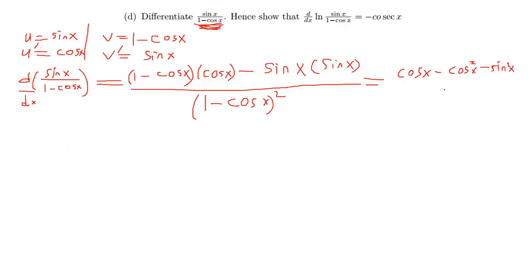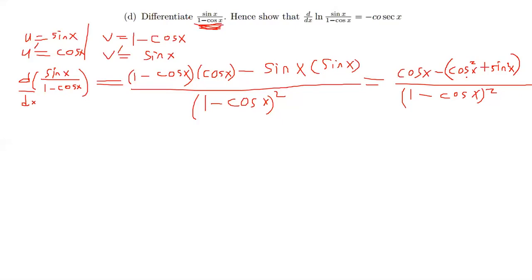Then everything divided by 1 minus cos x, and then squared. So when you have this expression, we can factor out the negative one. When I factor out the negative one and introduce brackets, the sign there will change, it will be a positive. And I know that this identity here, cos squared x plus sine squared x, is nothing but 1.